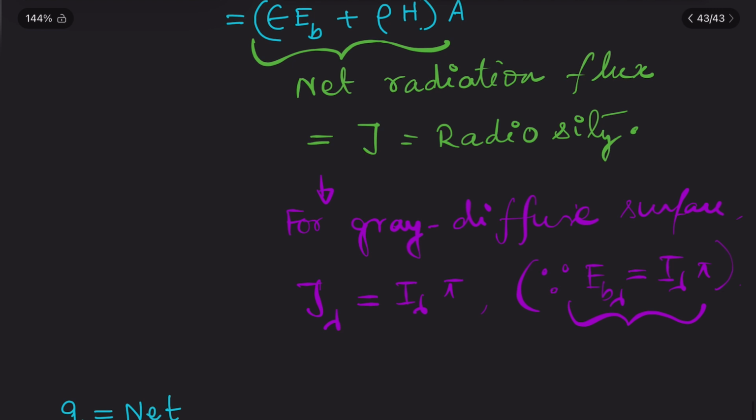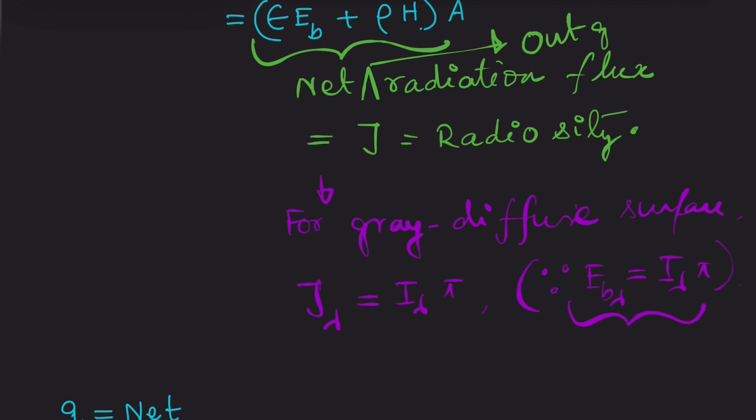Now you would ask me what my Q will be, and Q is my net flux. Here I should not write net radiation flux, I should write net emittive or net outgoing radiation flux, because I already have a property called emissivity.